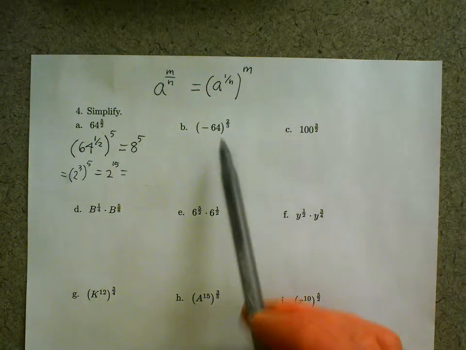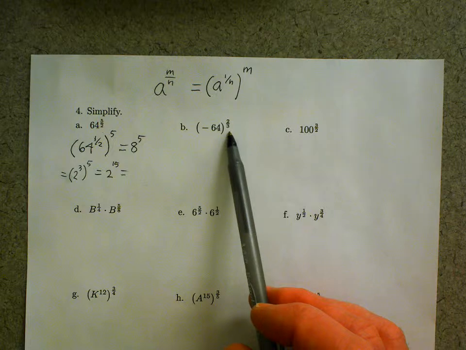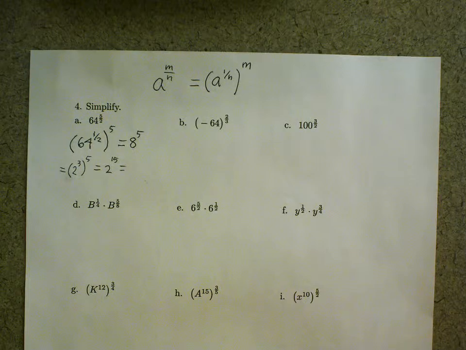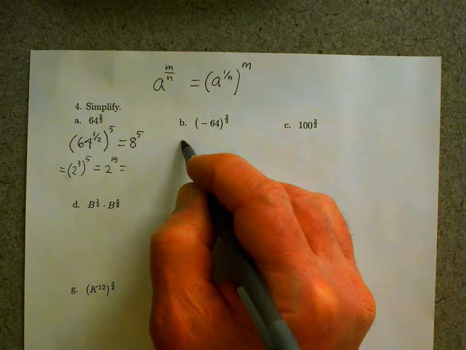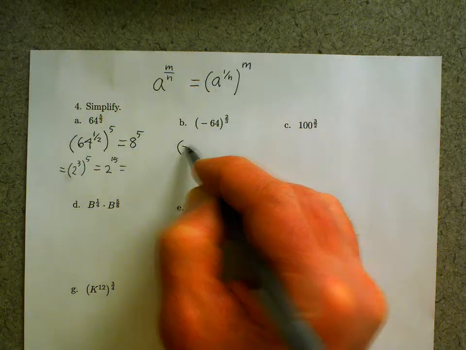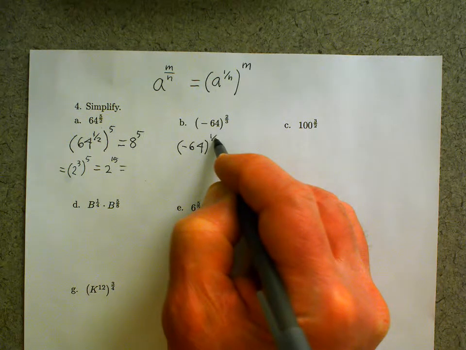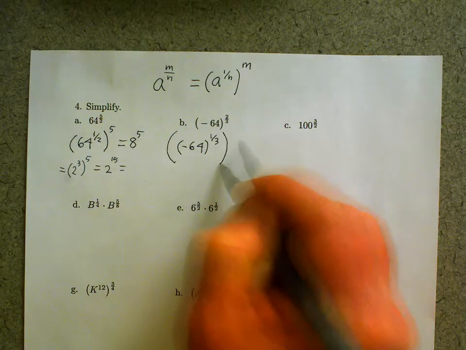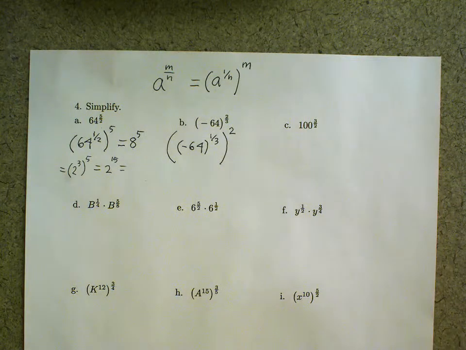Okay, the next one, we have the number negative 64 in parentheses to the 2/3. So rewrite this as the number negative 64 in parentheses to the 1/3. And then we'll put in another set of parentheses and an outer exponent of 2.